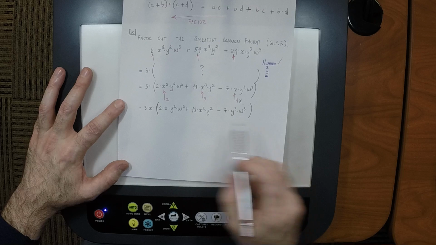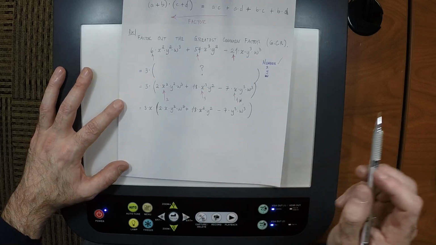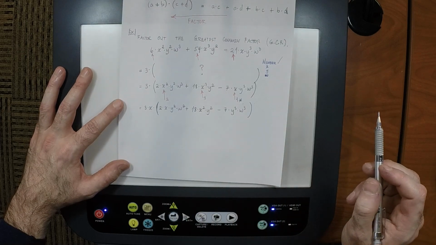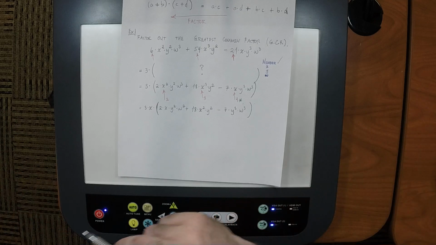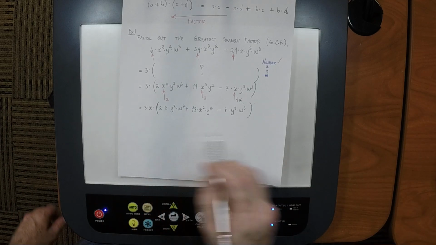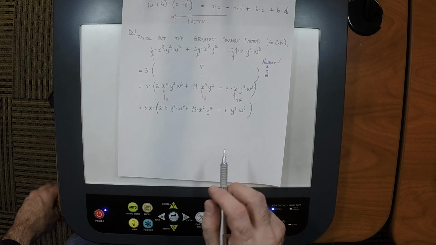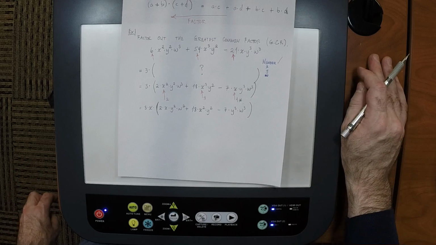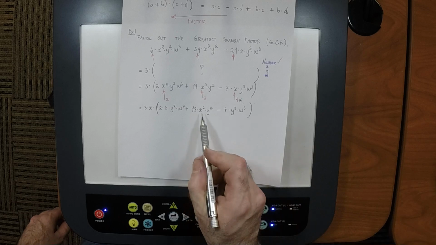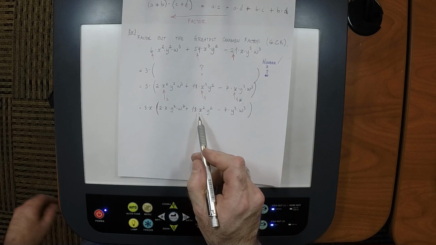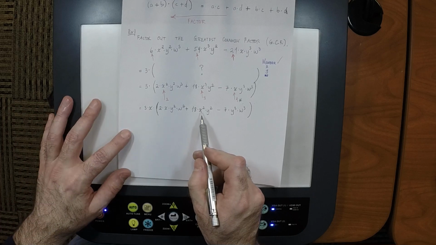Now, having a look in here, the point was that we wanted to get as much x out as possible. But just a quick glance inside of the parentheses, I can see that there's still x's in there. Is that okay? Okay, why is it okay?